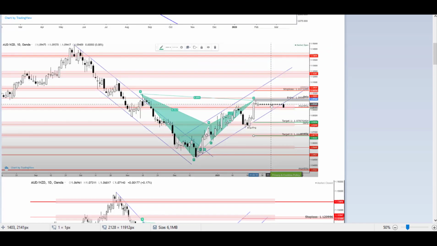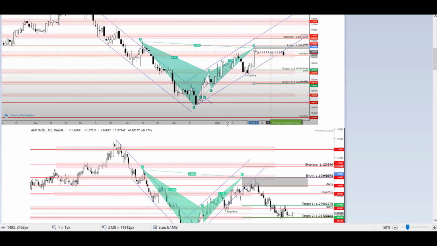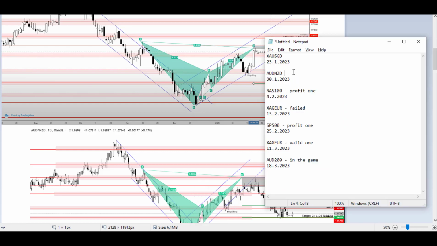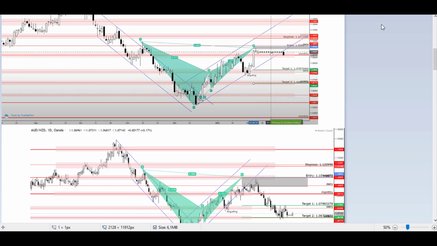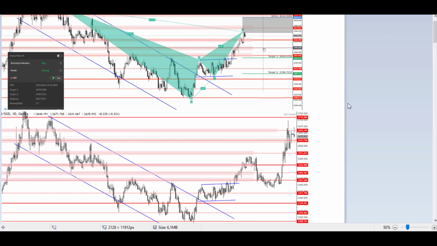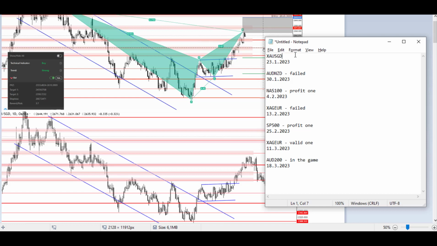Then Australian dollar, New Zealand was stop loss. Okay, stop loss 1.107 was a failed one. And the first one, profit 1.